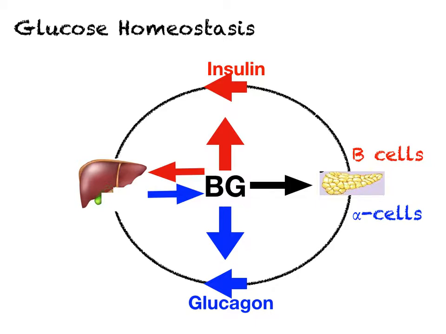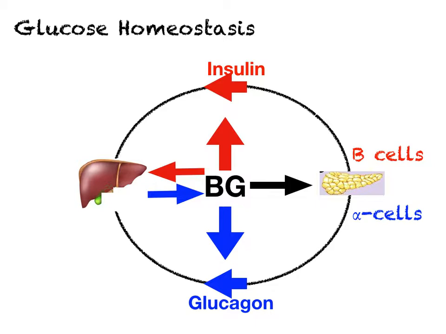Now, once the blood glucose level is getting higher, beta cells will increase insulin, and this insulin will bring this glucose into cells, into a bigger building block like glycogen in muscles and in liver, and back to liver as glycogen.